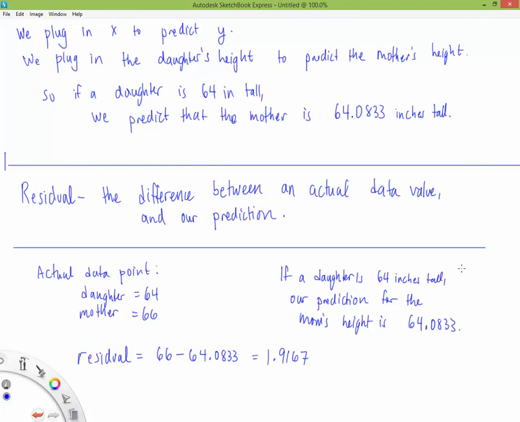So here we have a residual of 1.9167. And we say the actual height of the mother is 1.9167 inches taller than our prediction.